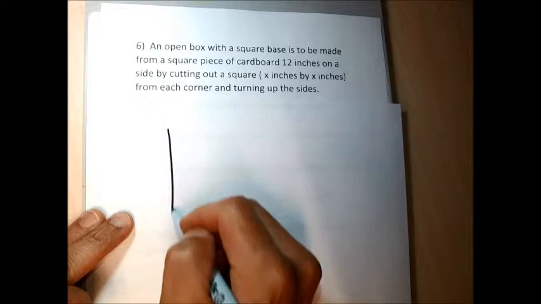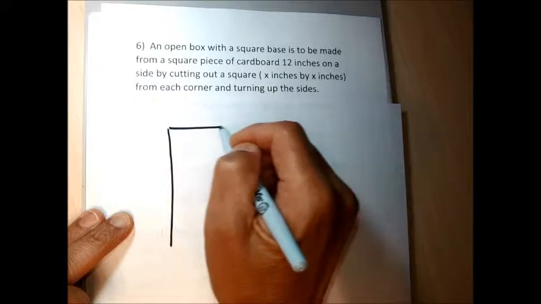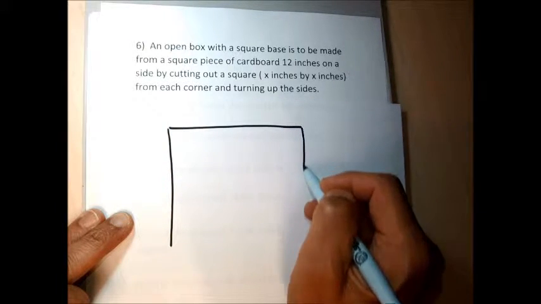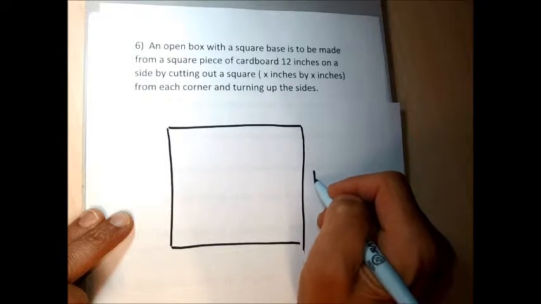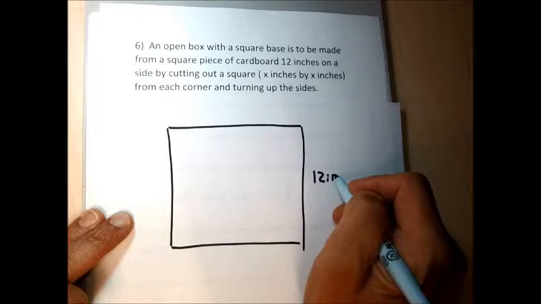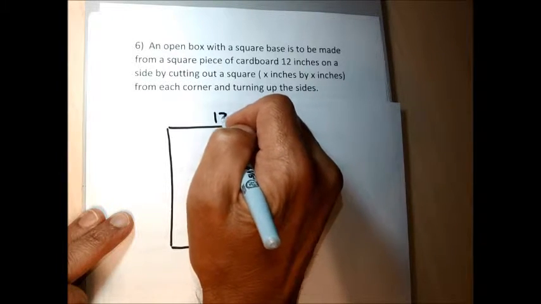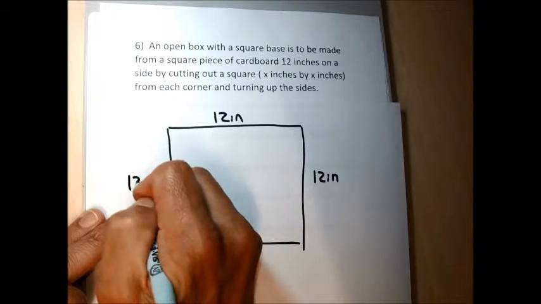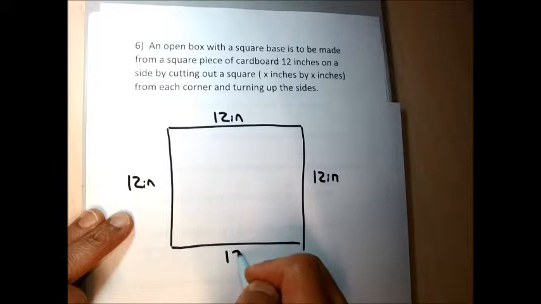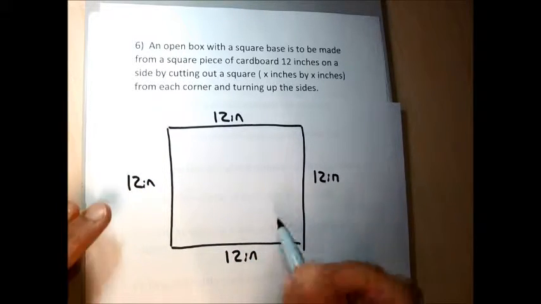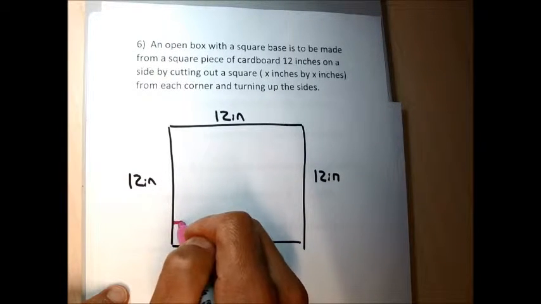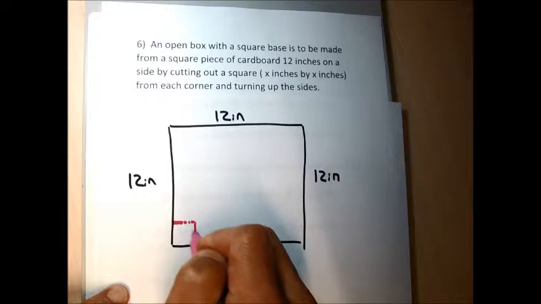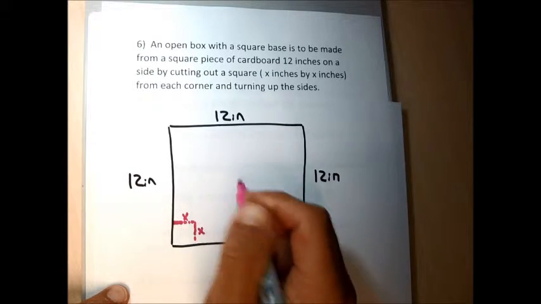So I don't know if I can even draw a square, but this is a square piece of cardboard, and we'll imagine that each of the sides is 12 inches. What we're going to do is cut a square from each corner that is x inches by x inches.